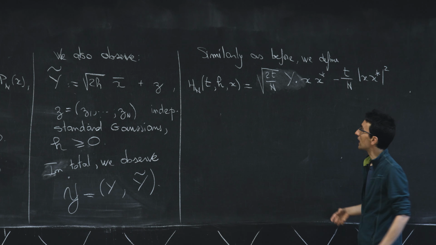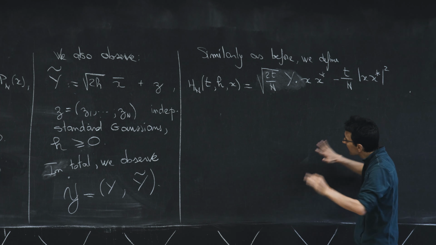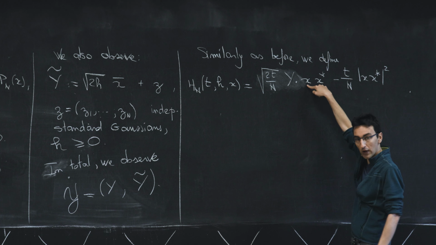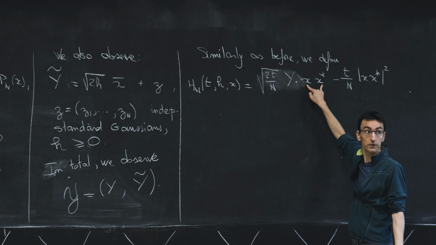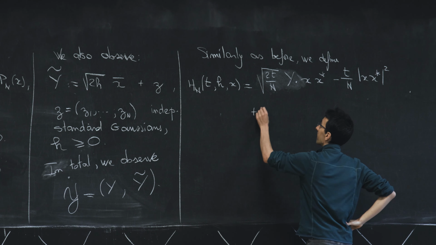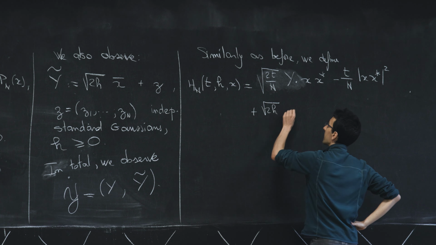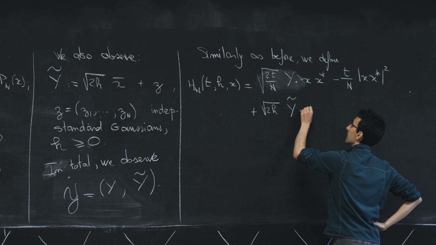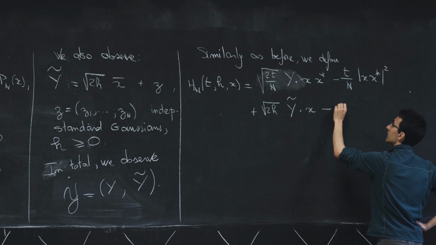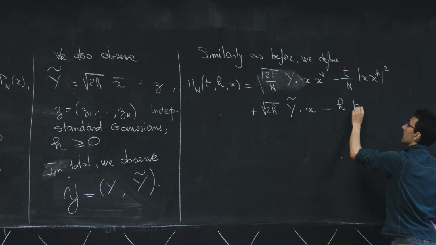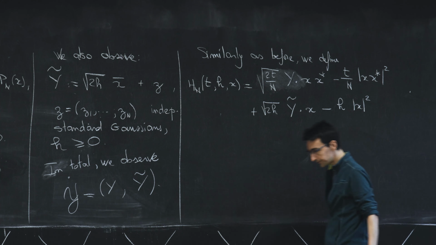And now we have also the H part. And the H part has exactly the same structure. Each time you had a quadratic term, you just write a linear term now. Okay.